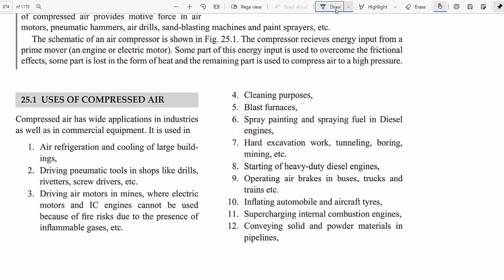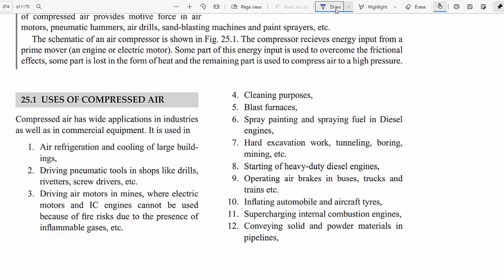Many uses of compressed air are listed here. Air refrigeration and cooling large buildings, driving pneumatic tools in shops like drills, rivets, screwdrivers, and driving air motors in mines.